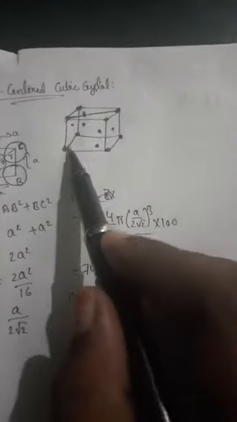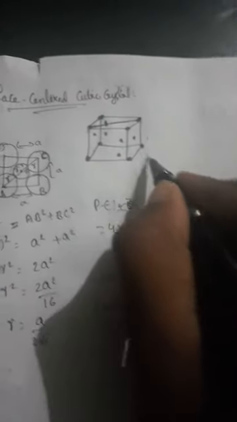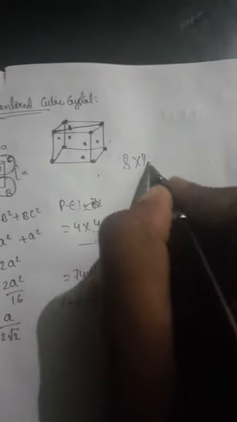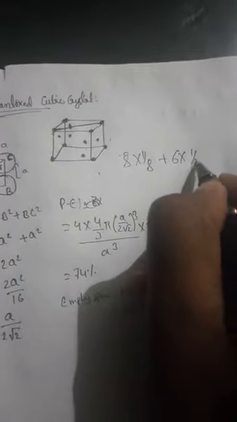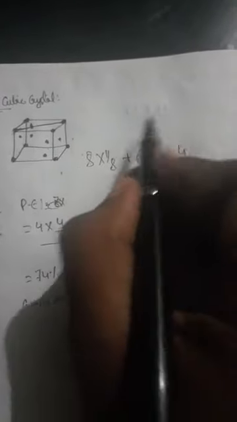Okay. Next, coming to face centered cubic unit cell. So what do you mean by face centered cubic unit cell here? Let us take this cube, with 8 corners plus 6 faces. So here, 8 corners we are taking and 6 faces we are having. 1 2 3, 1 2 3.